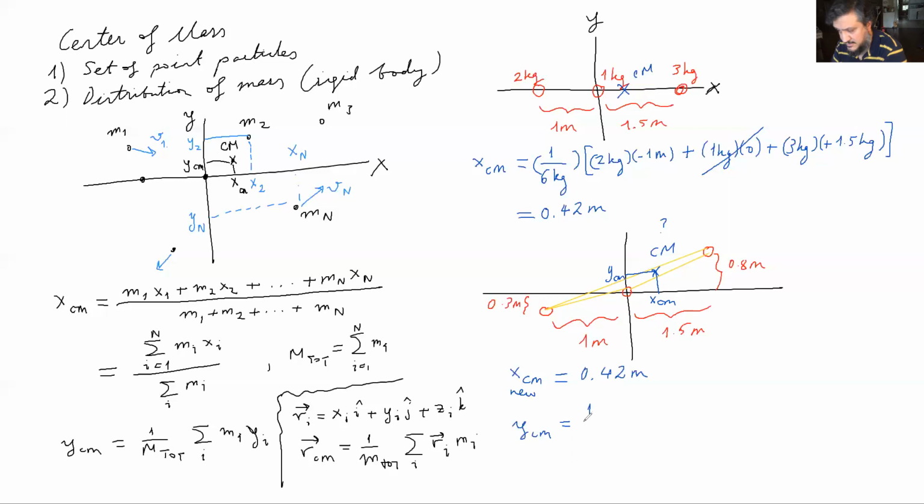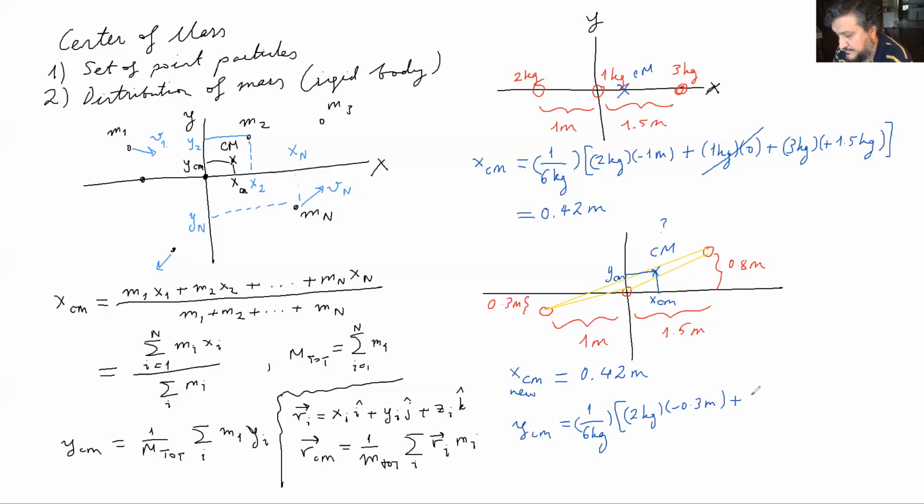Let's do the y coordinate. So 1 over the total mass, which is 6 kilograms. Now, the one on the left, 2 kilograms, is at y equals -0.3 meters. And the one in the middle has a 0 y coordinate, so I'm ignoring that.